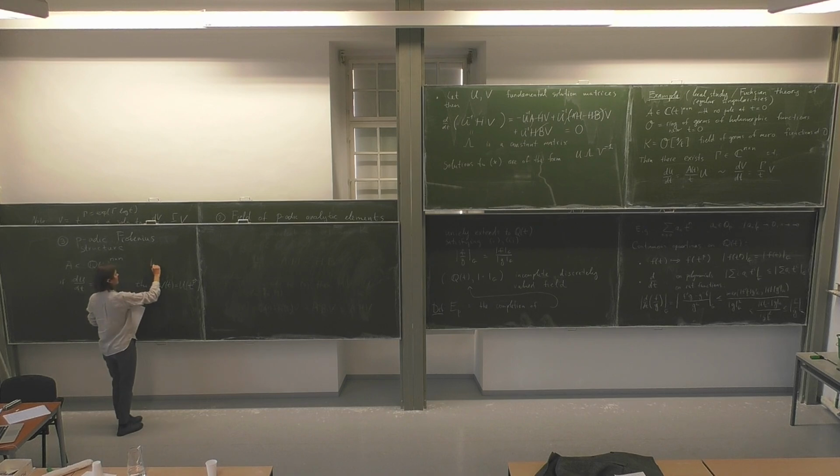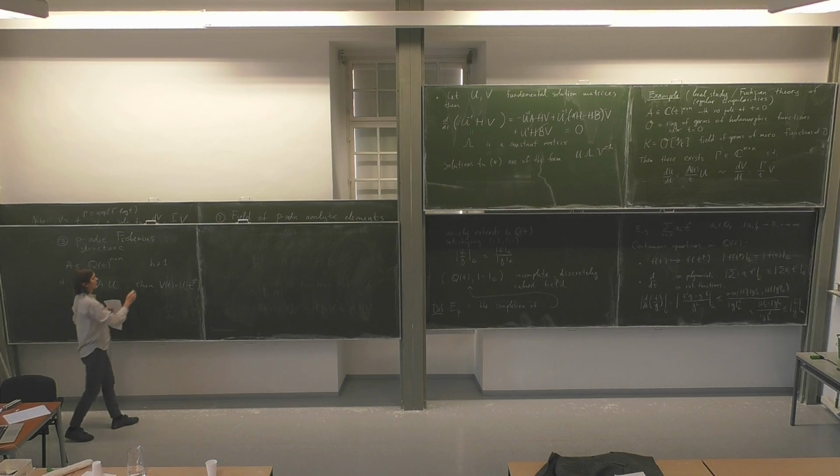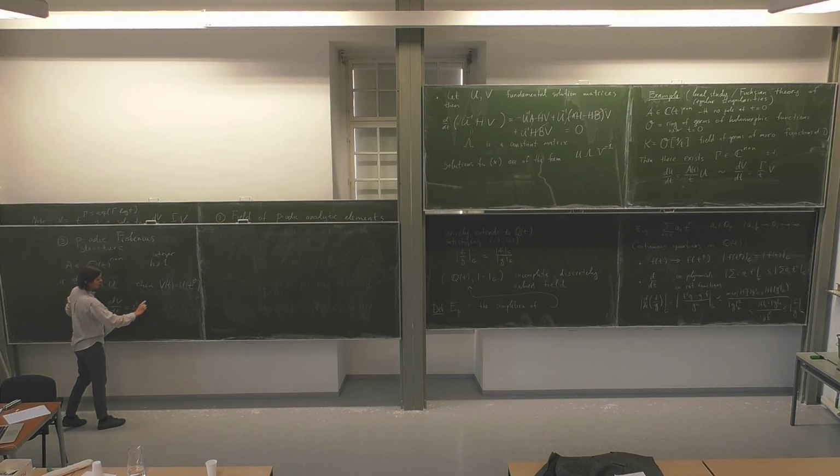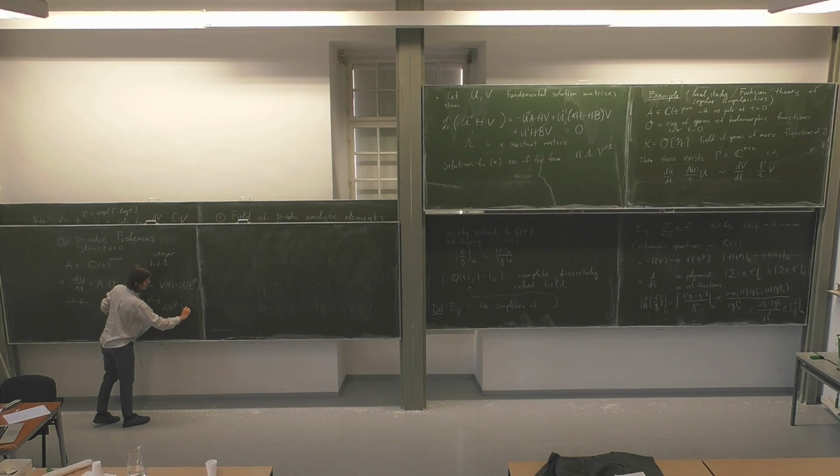I take h an integer bigger or equal 1. It solves the following system: p to the h times t to the p to the h minus 1, A of t to the p to the h, V.